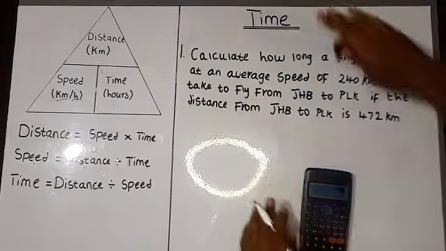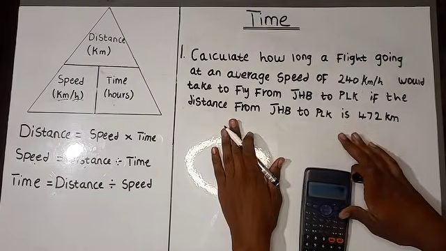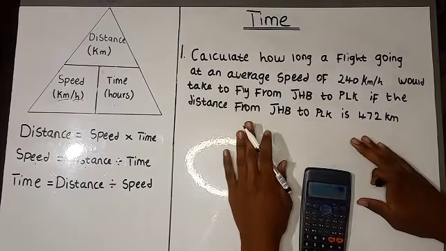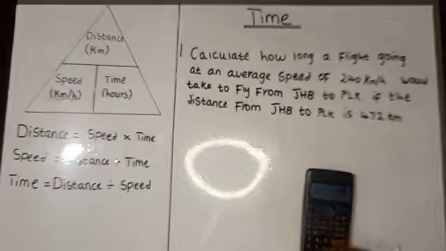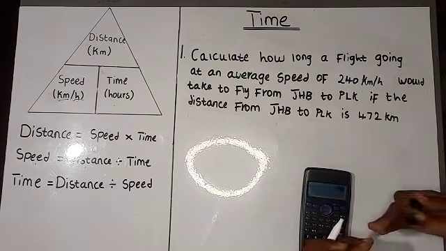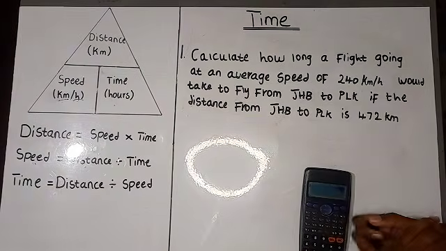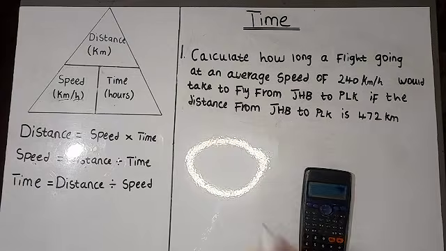Okay, so still on time, here's another activity. Please pause the video, try to answer the question first, and then look at the answers after attempting to see if you really understand or not.